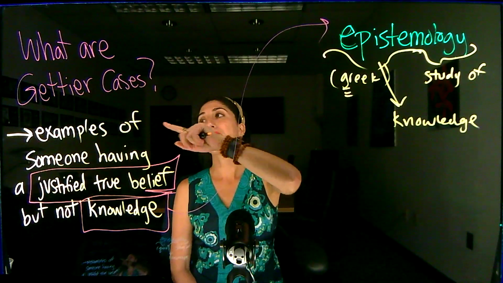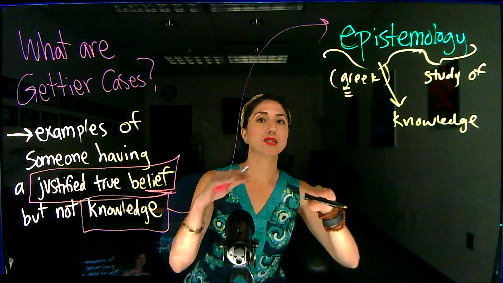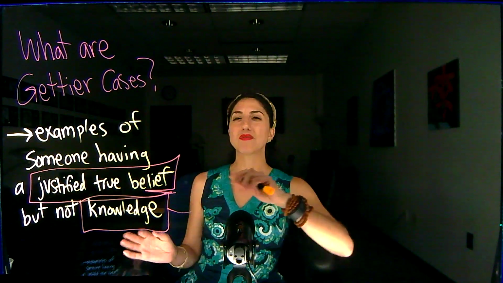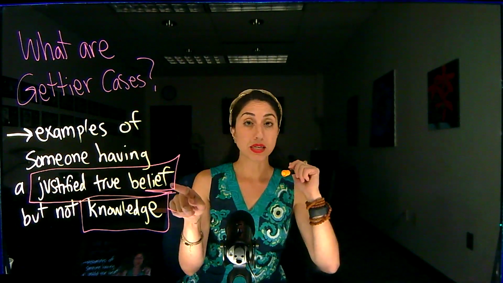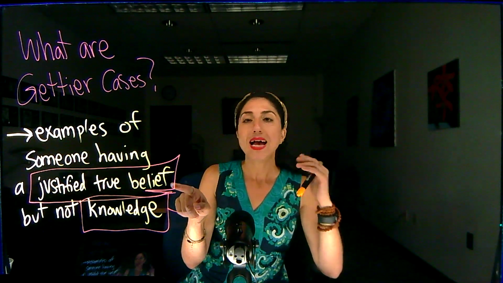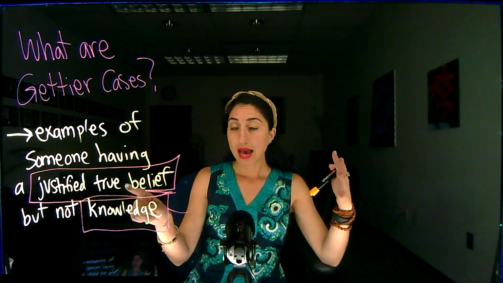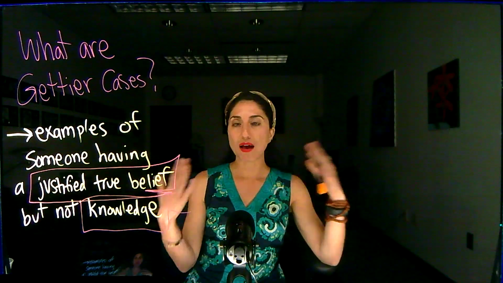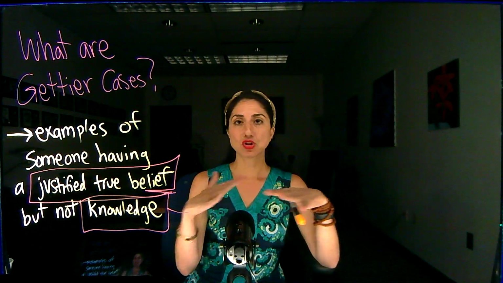And Edmund Gettier came up with some examples of what knowledge is not. What Edmund Gettier is doing is coming up with a very specific scenario where somebody has a belief, something that they've concluded in some way, and what they've concluded is true, and what they've concluded is backed up by some kind of evidence or support, so it's justified, but there's no knowledge.